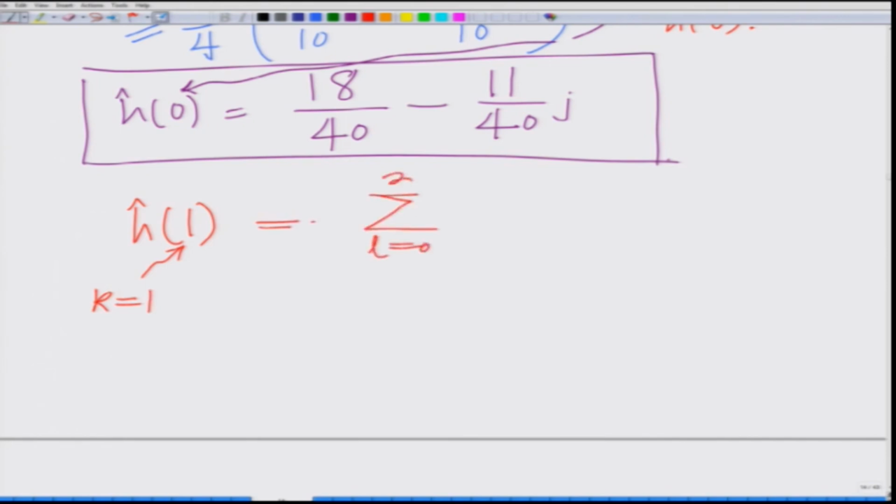summation L equal to 0 to 3 H hat of L e raised to, well, the IFFT.